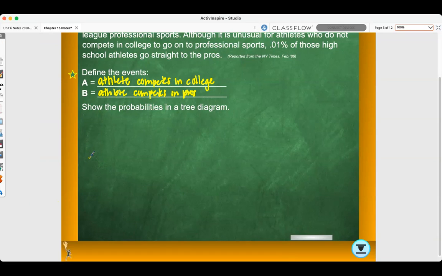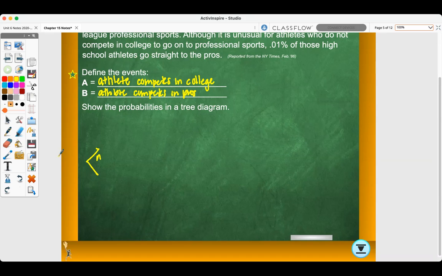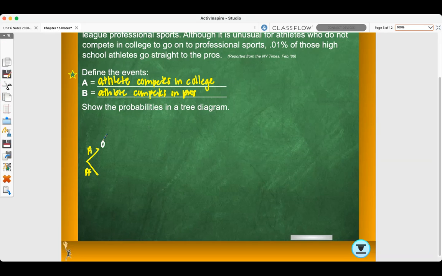So the first thing is, does the athlete compete in college? So that would be A and A complement. The probability that the athlete competes in college would be 0.05. The probability that they don't is 0.95.